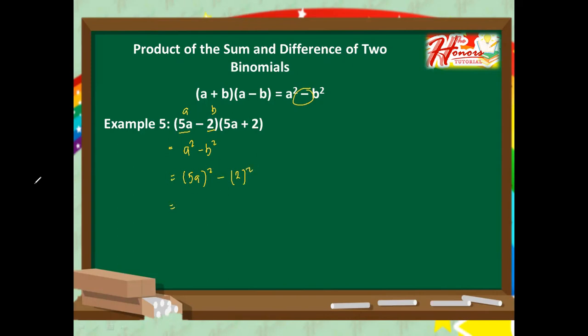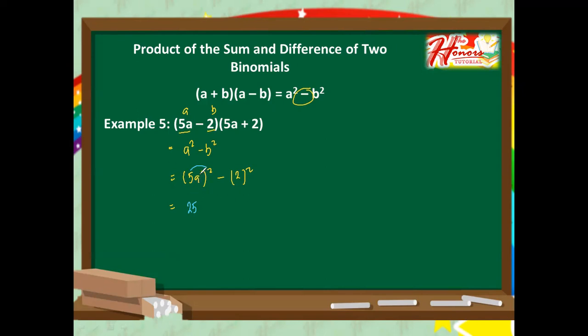So please distribute 2, which is our exponent, to each number and variable inside the parentheses. So 5 raised to 2, that's 25. Why 25? Because 5, which is the base, is multiplied twice to itself because our exponent is 2. We don't multiply 5 times 2 directly. That is incorrect.